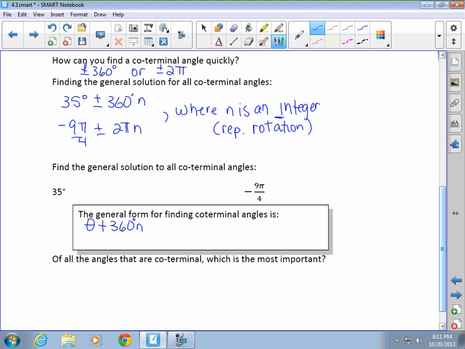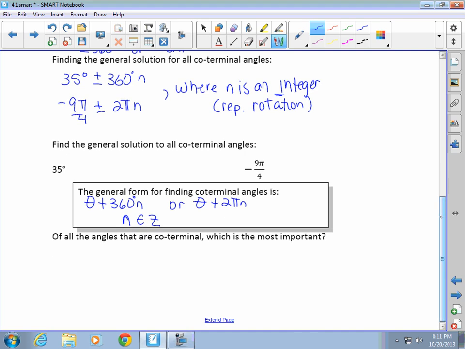Or if you're in radians, theta plus 2 pi n. And remember, n is an element of integers, and capital Z is the symbol for integers. So instead of writing that plus or minus there, you just say you're going to use an integer.